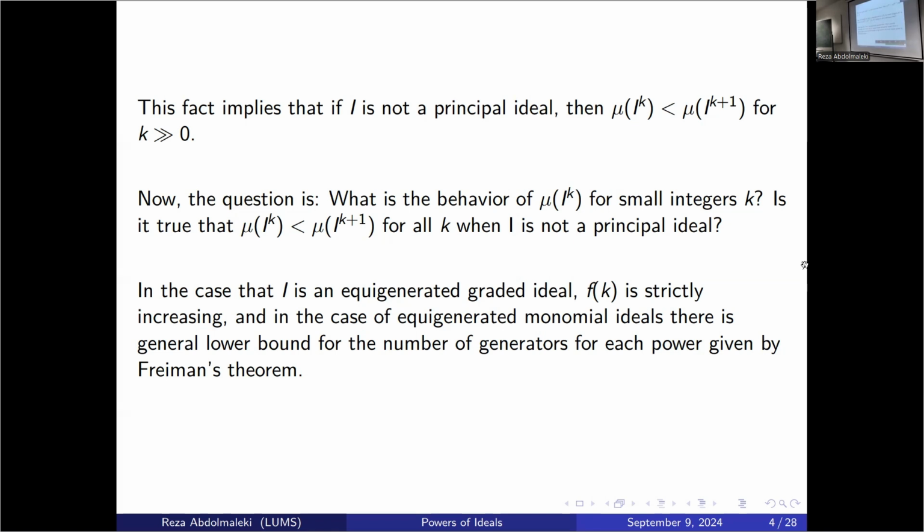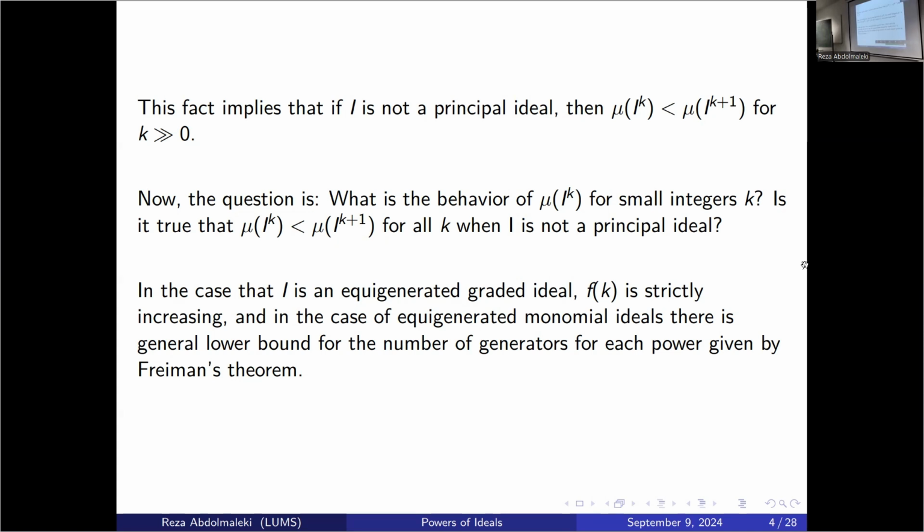And this follows from a celebrated theorem in number theory by Freiman. Especially in the case that I is a monomial ideal, a monomial ideal is a graded ideal with just one monomial in each component, right?